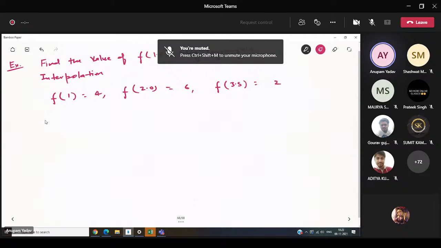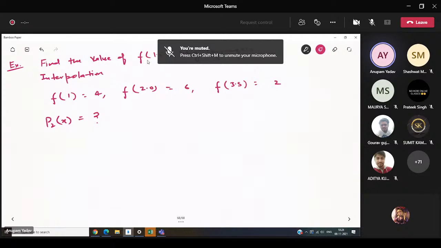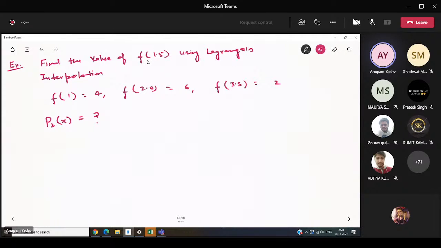So you have to develop a P2 x. Here we need to get this second degree quadratic polynomial using the Lagrange method, and once it is with us, we can have the value of f of 1.5. You do this. Then I'll do this example as well, and then we will talk about the errors, how much error we are getting, and we can compare which method gives higher error and lesser error. Okay, tell me what you want to ask now.